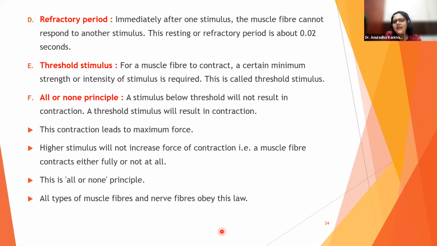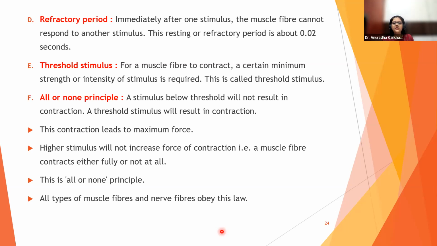It's actually called anti-tet, it's against the Clostridium tetani. Okay. So the refractory period देखो only 0.02 seconds, मतलब fraction of a second जैसे हम लोग बोलते हैं ना, that much only of time is required for getting the second stimuli. That is called as refractory period.